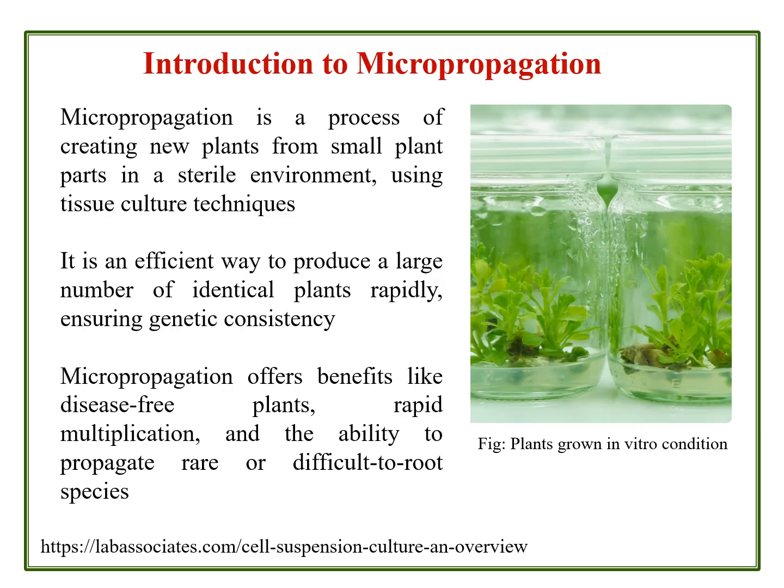It's a type of clonal propagation. It's a process of creating new plants from small plant parts, that is micro. The name indicates that micro means small, of course, maybe sexual parts or floral parts or apical tips, root tips, apical meristem, lateral buds, apical buds, leaf primordia, any of these.